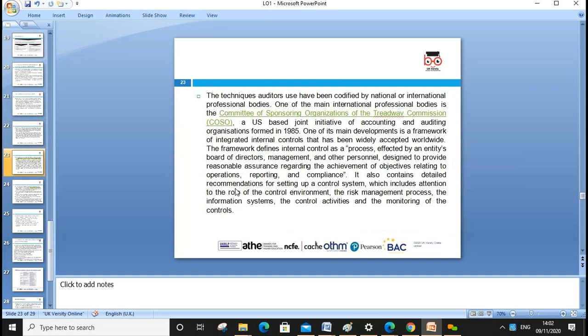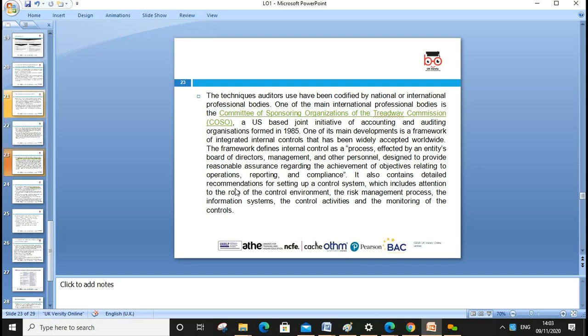Then the techniques of the auditor have been codified by an international professional body, which is called the Committee of Sponsoring Organizations of the Treadway Commission, COSO. It is a US-based joint initiative of accounting and audit organizations, formed in 1985, with main development in the framework of integrated internal control, widely acceptable worldwide.